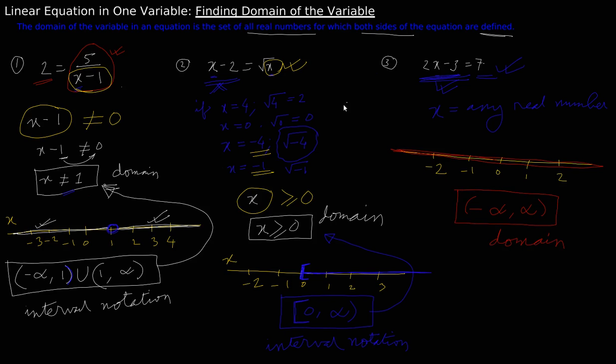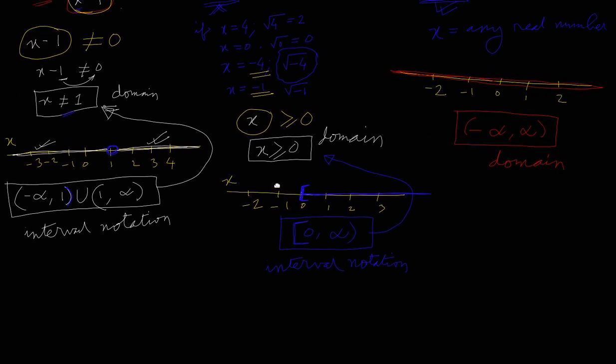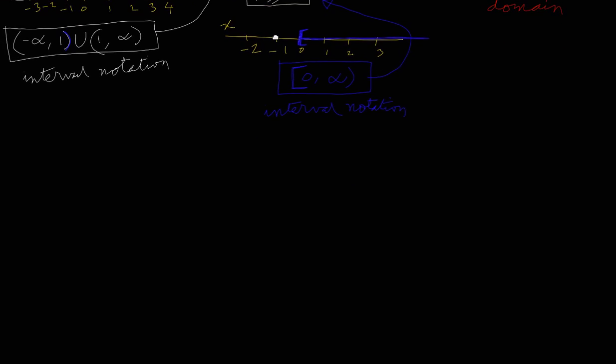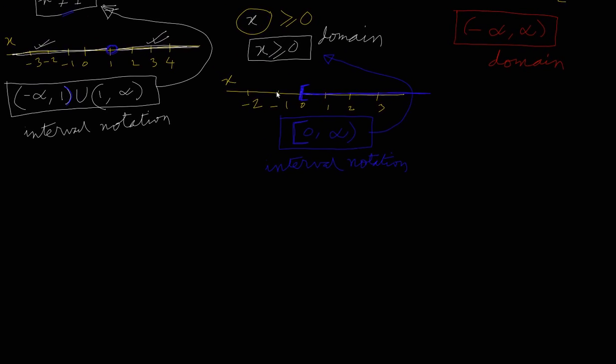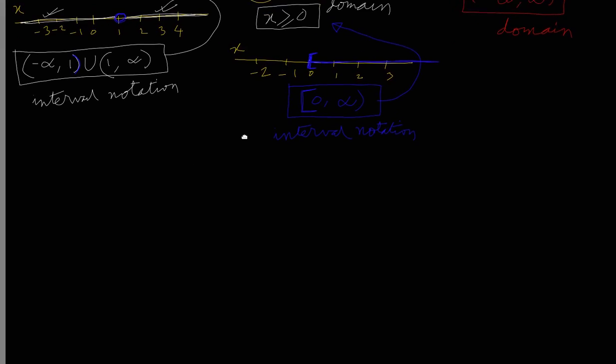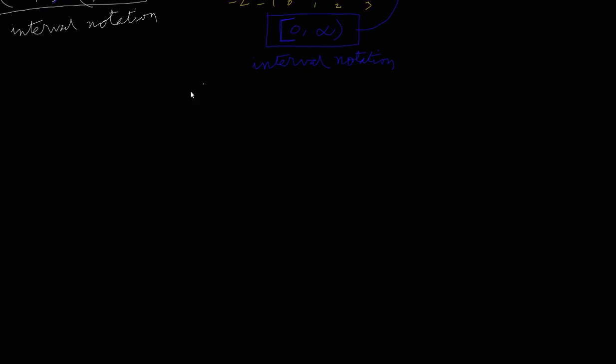So these are 3 examples. Now I still want to do another example so that it is clear to all of you. So let's do another example, finding the domain of a variable. So number 4.